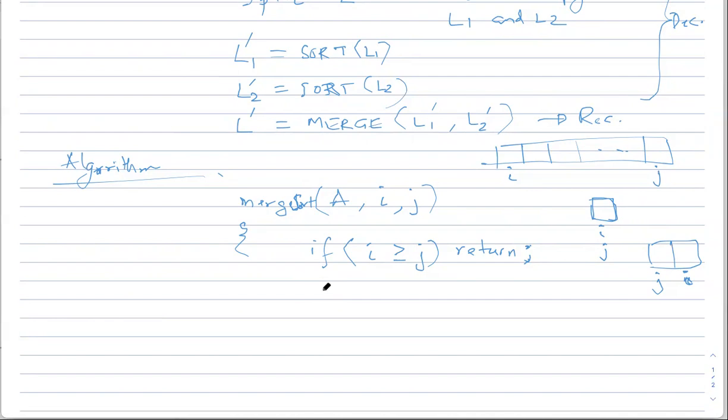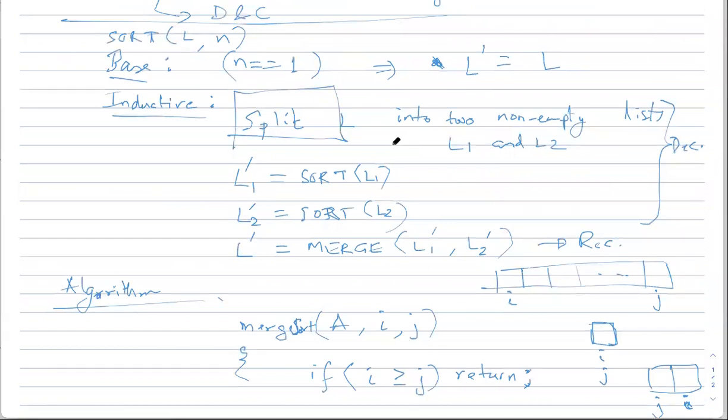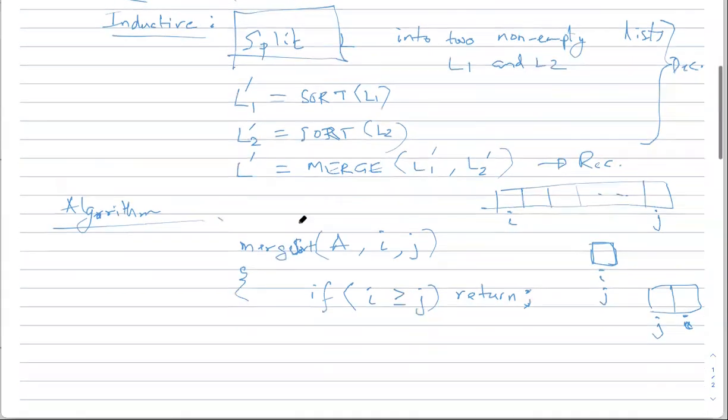Otherwise, what do we do? We apply some sort of splitting. We did not talk about what kind of splitting we would like to make here. We're just saying divide into two non-empty lists, L1 and L2, because we were trying to generalize the sorting.